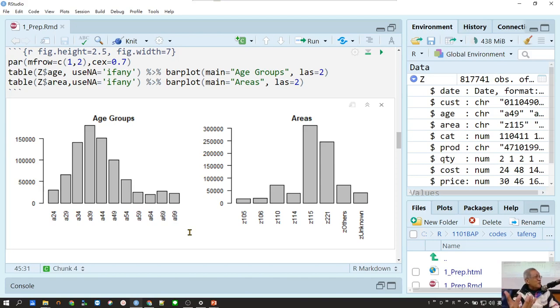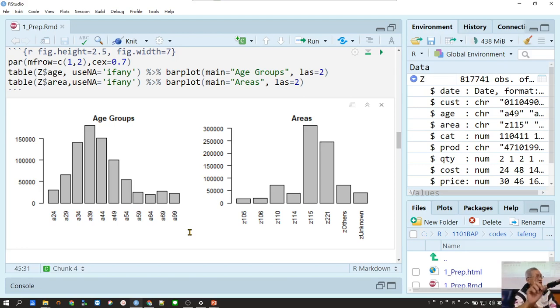What does that mean? Can anyone define distribution in a sentence of natural language? What do we mean by distribution?